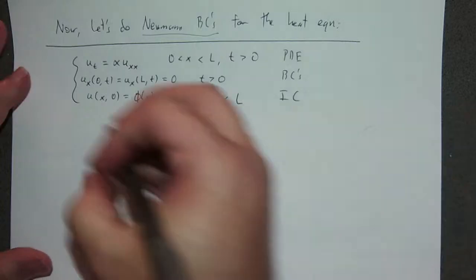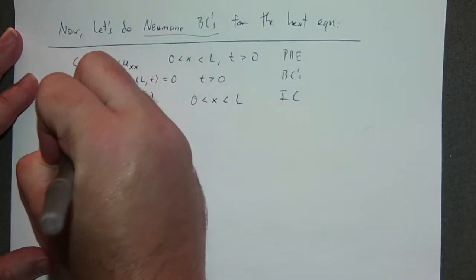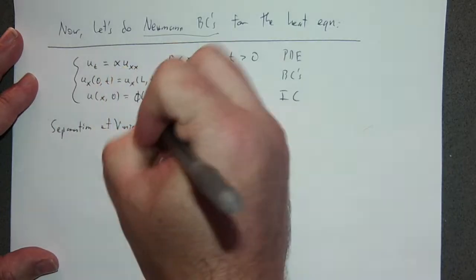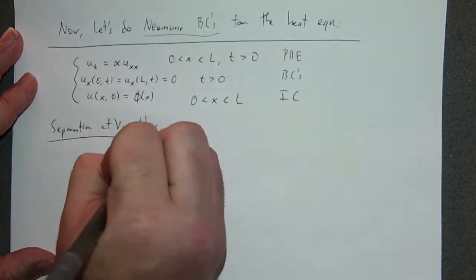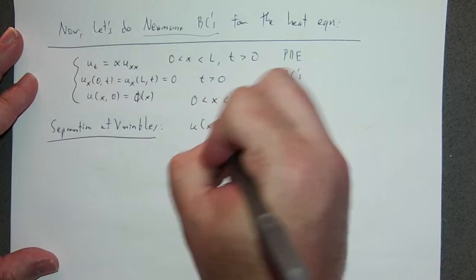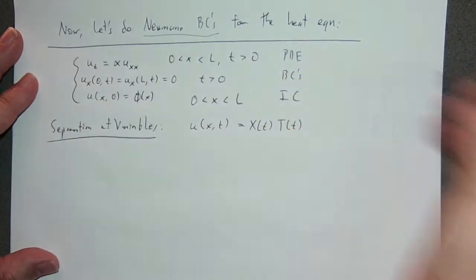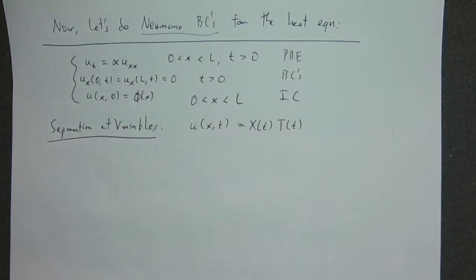Now, separation of variables again has me seeking a separated solution, u of x, t equals X of x, T of t. You saw how this yielded eigenvalue problems previously, so let's do that again here.